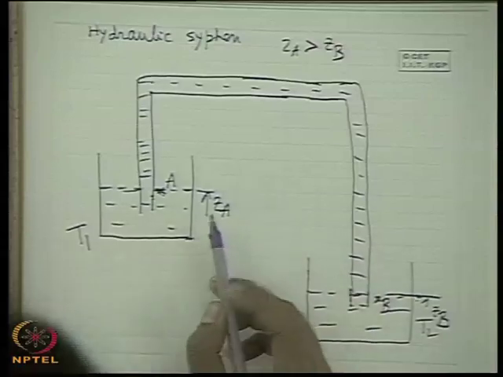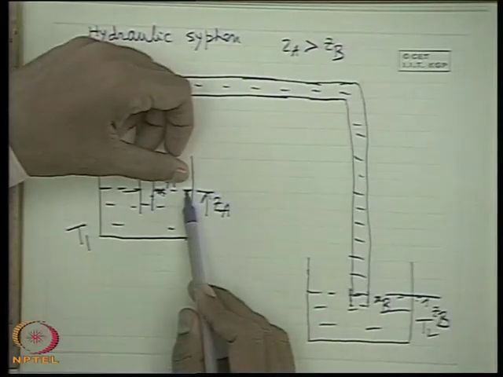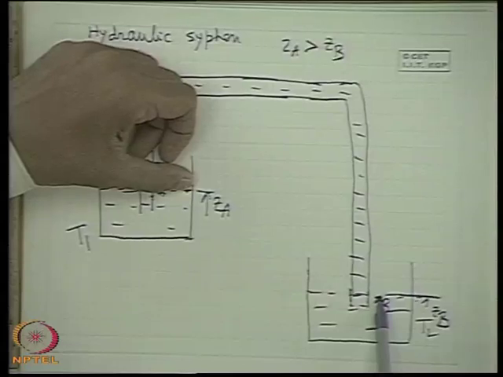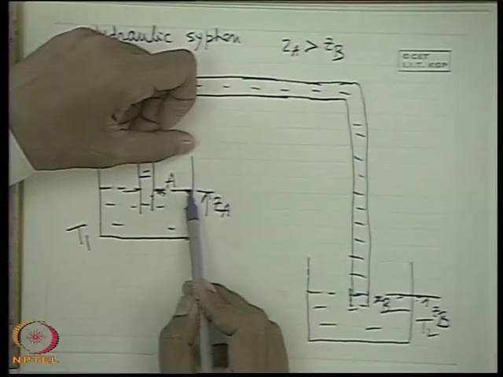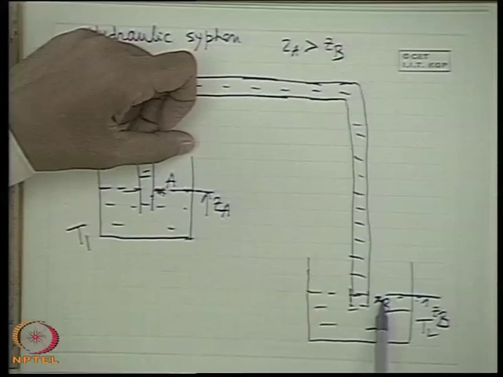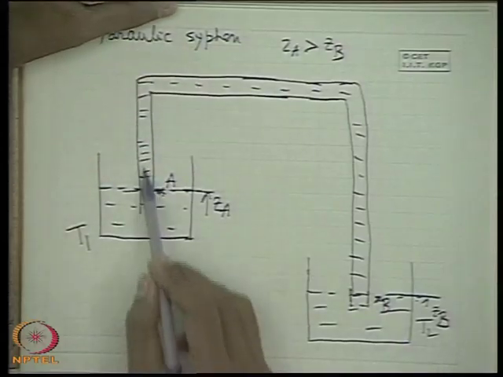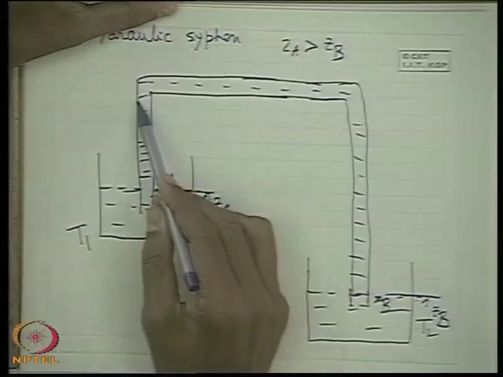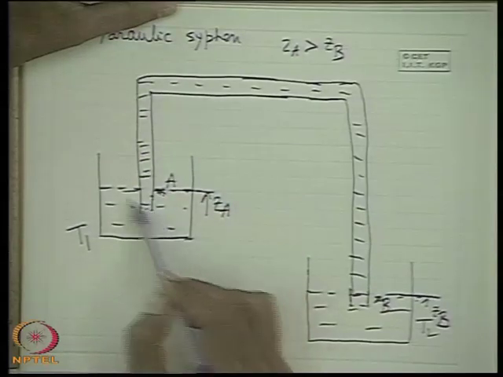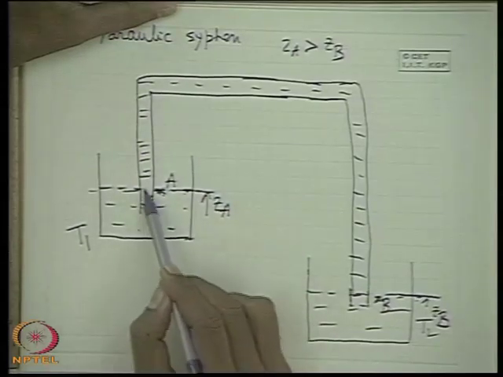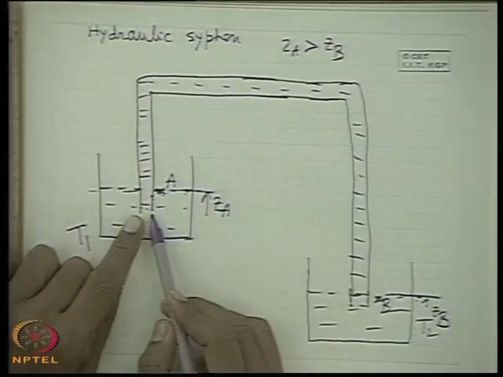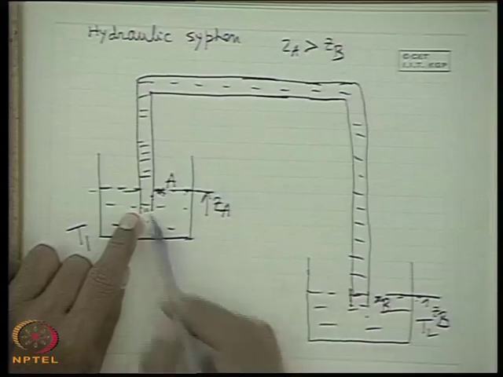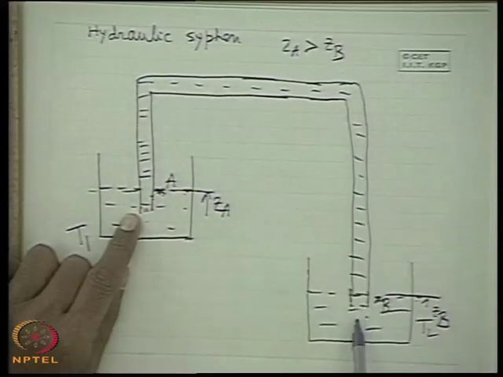Now what happens? Definitely the liquid level here is at a higher energy than the liquid level there, because pressure energy and kinetic energy are 0, so the elevation energy or potential energy is higher. If we fill up a tube like this, an inverted U tube, with the same liquid and dip it into the tank, then water will automatically flow, because practically we are connecting the water of the two tanks by a water circuit, that means a pipe full of water.